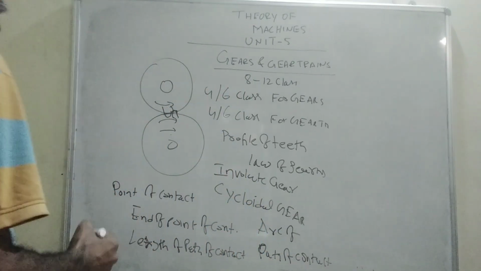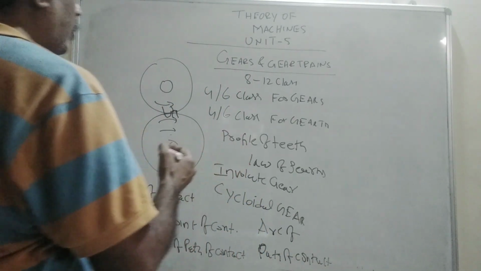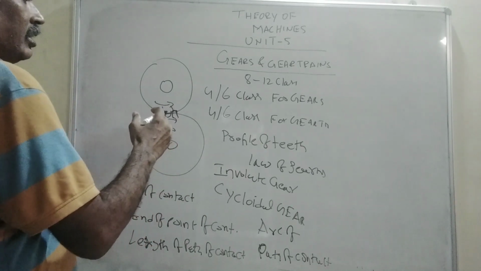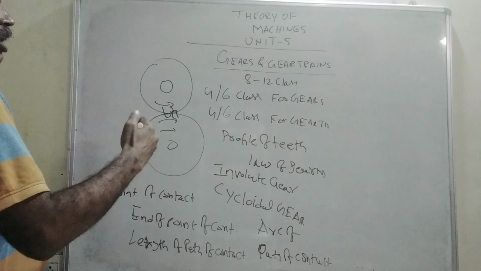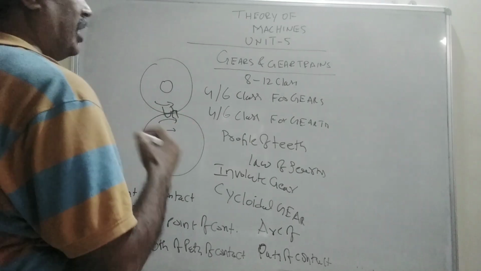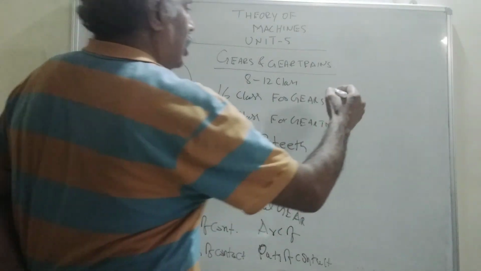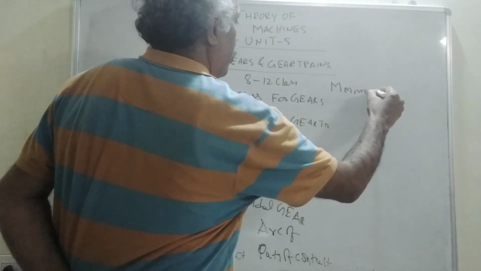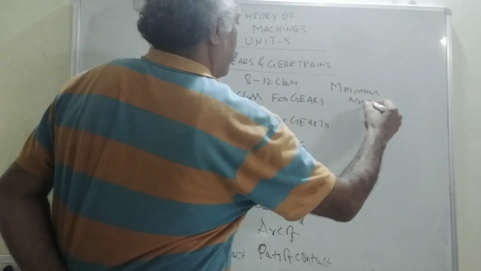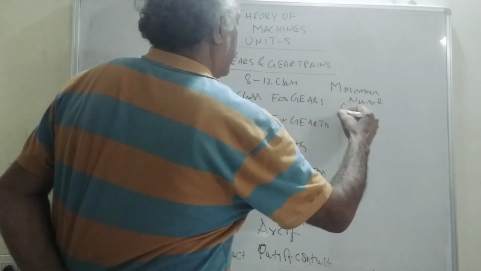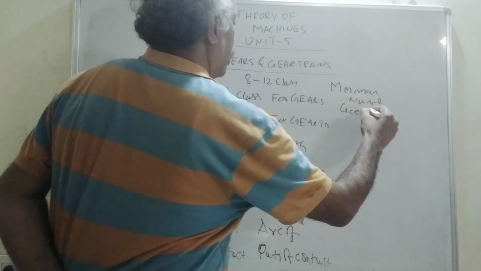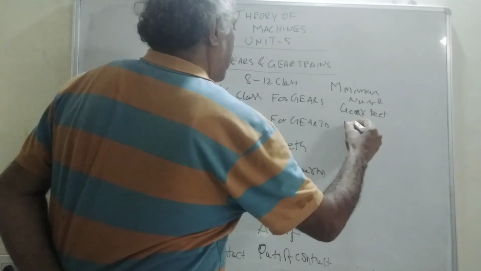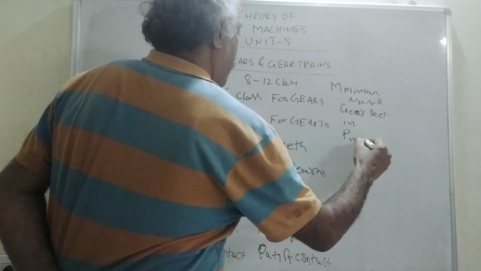One of the problems is interference. If there is interference, the transmission of motion will not take place properly. There will be chatter and vibration. So to avoid interference, what are the minimum number of teeth in the pinion and gear?